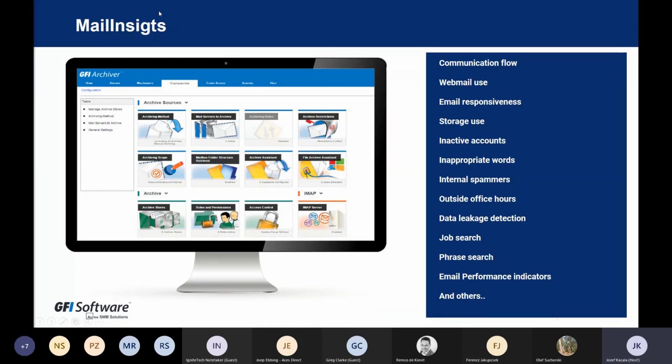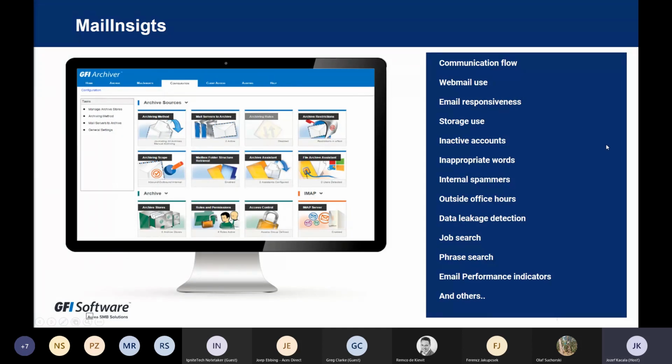You have a list of the most used mail insights reports on the right side. Some of them could also be used for so-called forensic investigation, such as the communication flow. With the communication flow report, you can track where the communication actually went.